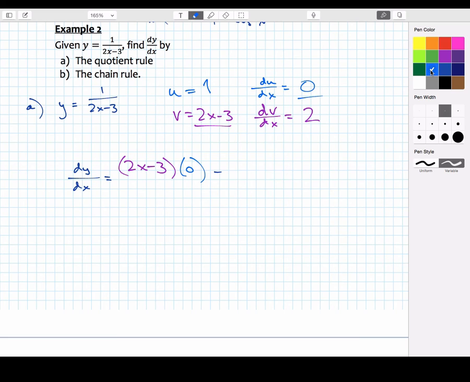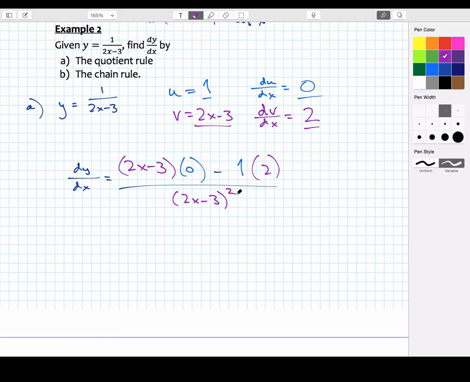The denominator times the derivative of the numerator, minus 1 times the derivative of the denominator, which is 2. Are we done? No, all divided by 2x minus 3 squared. Should we expand the bracket?